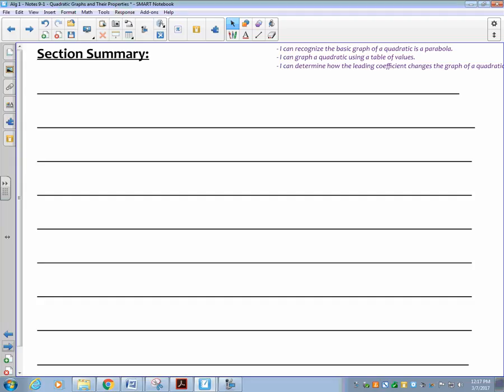Tell me those things in your summary. So what makes it a fat graph? What makes it a skinny graph? What shape is a quadratic?